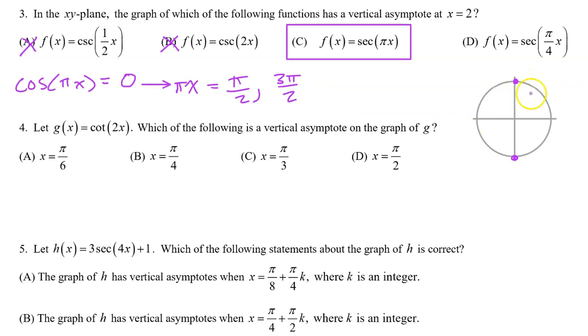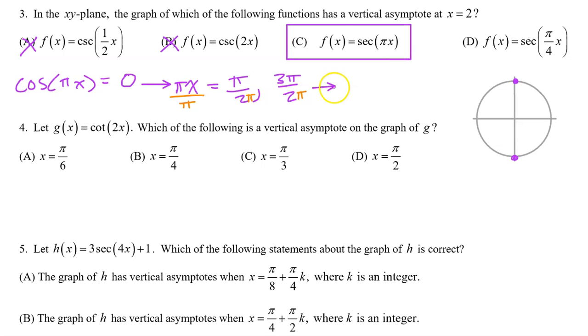There are infinitely many solutions actually, but these are the first two. We can isolate this x by dividing both sides by pi. On the left, if we divide by pi, the pi's cancel out. On the right, when we divide by pi, this pi will be in the denominator for a quick second.